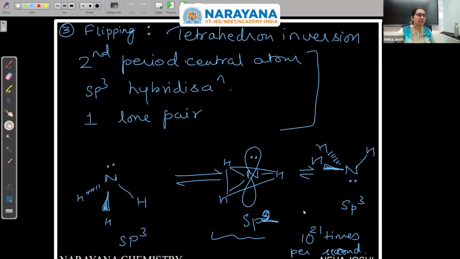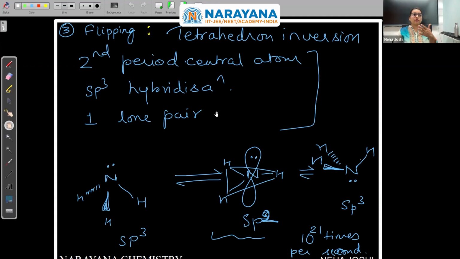It will always decrease the basicity, and increase the stability in the case of carbanions. Because, as I said, the central atom should be from the second period, should have tetrahedral geometry, and should have one lone pair. That is what we want. Is that absolutely okay? So flipping ultimately is decreasing the basicity.